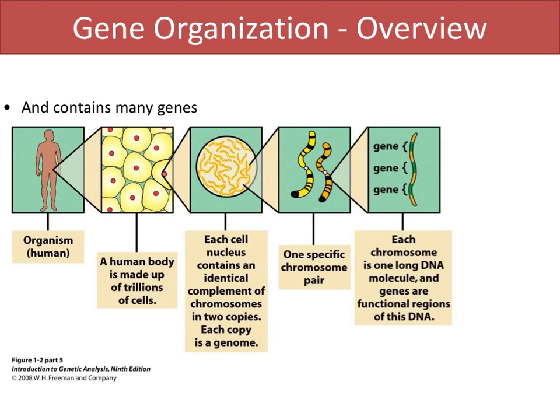And these code for proteins. And it's like one long DNA molecule, and the genes are functional regions of the DNA, where the DNA just spells out which amino acids to make, and then those instructions are translated into proteins. Okay?